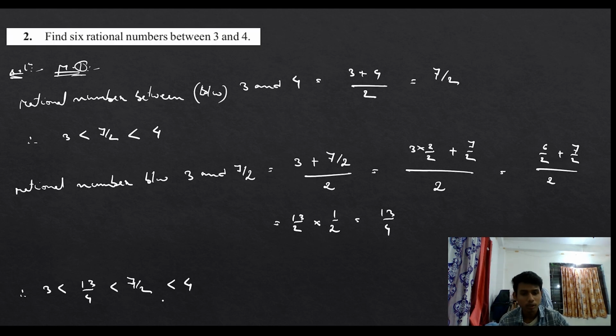Therefore, rational numbers between 7 by 2 and 4 will be equal to 7 by 2 plus 4 whole divided by 2.